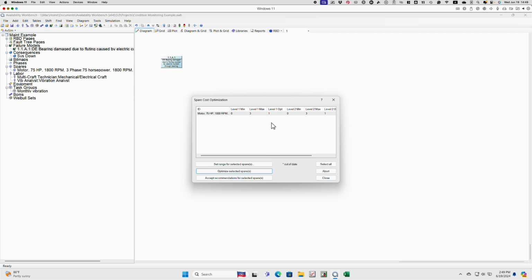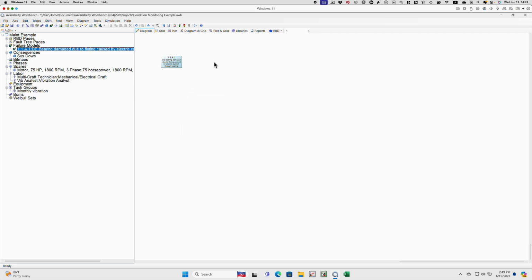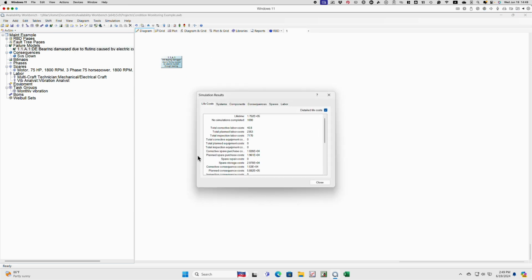And we can see that the level 1 optimum remained at 1, but the level 2 optimum has reduced from 2 to 1. So let's select that, close out, and we'll run the model again and see that we're still in the 670,000 range for cost.